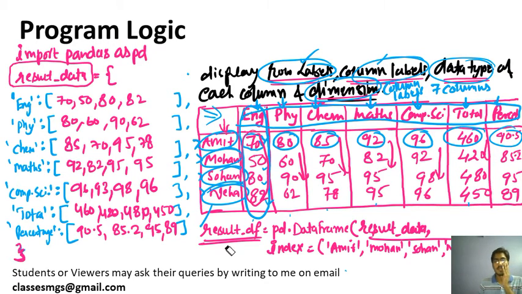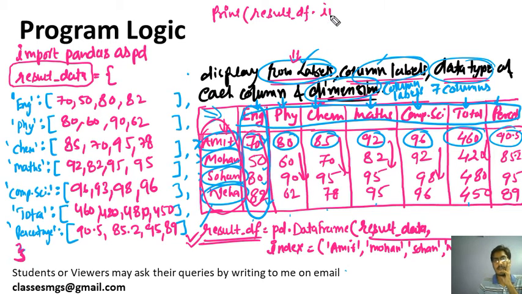Now to print the row labels of the data frame, like these values, this data frame is created using this line. If you want to print the row labels, then what code will you write? print(result_df.index).